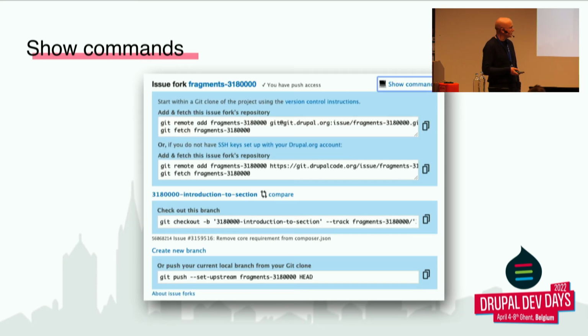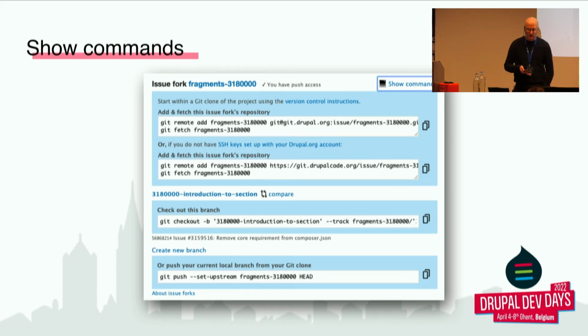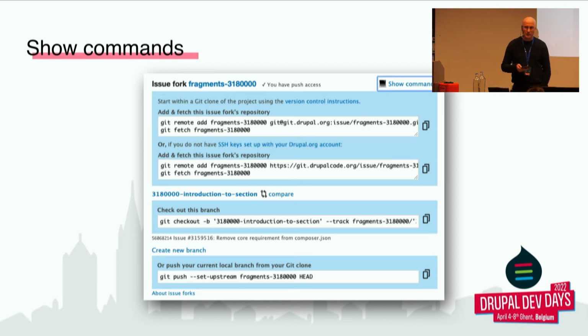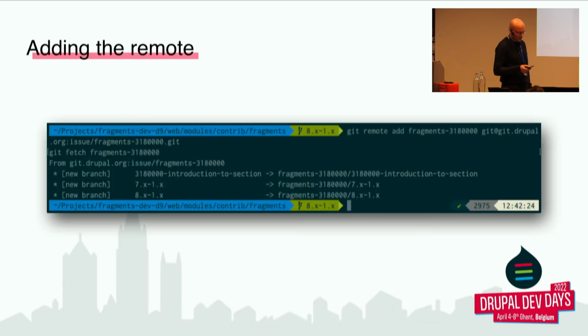If you click it, you'll get this bit of information, and this tells you how to actually get the issue fork and the branch locally. It adds a remote first. You issue these commands from within the Git clone that you made earlier. You'll get a remote for the issue fork, and it will fetch the branches that are within that issue fork.